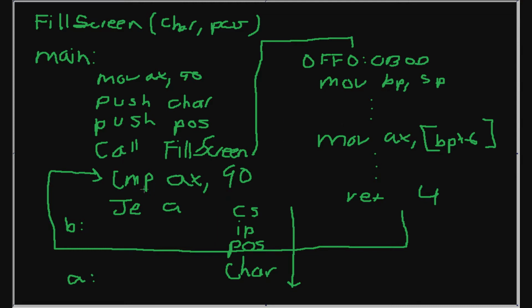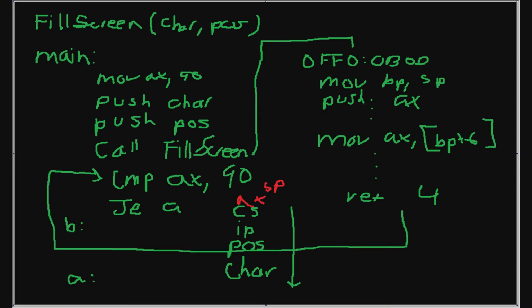So what we can do is save AX on the stack. So over here we could add the instruction push AX. So now AX would be on the stack right here, and SP would all of a sudden be here now, further up the stack.